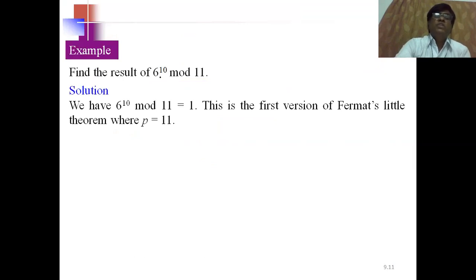Now see this one. Find the result of 6 power 10 mod 11. That means here we have the 11, here we have the 10, that means 11 minus 1. That's why its value is congruent to 1 mod 11. Always it is 1.